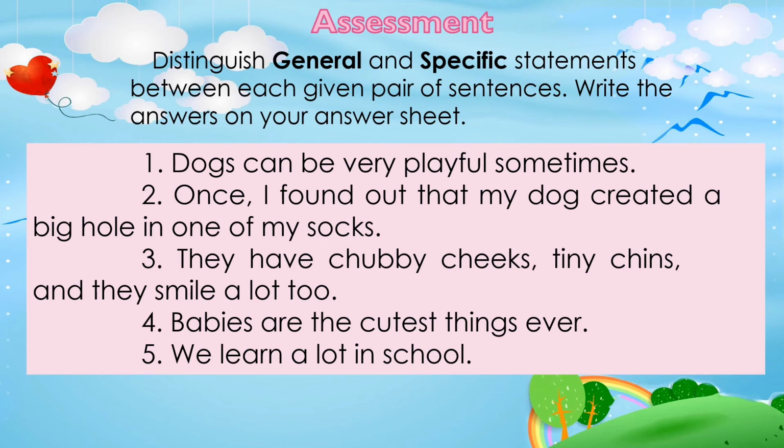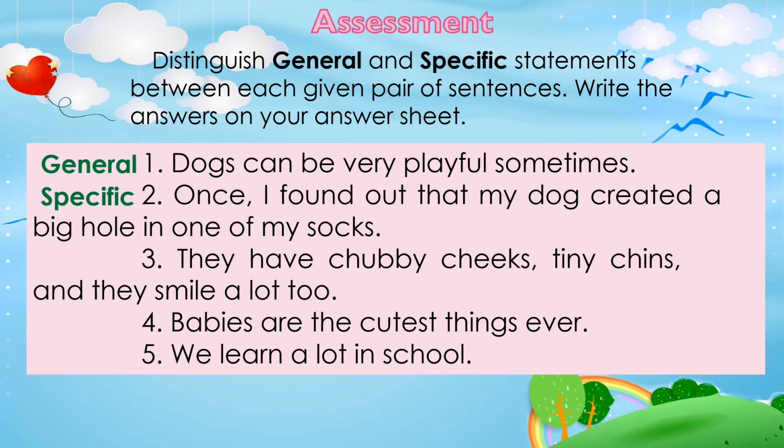For number 1, it's general because it talks about the dogs. And then number 2, it's specific because the dog created a big hole in one of my socks, meaning it is one dog only.